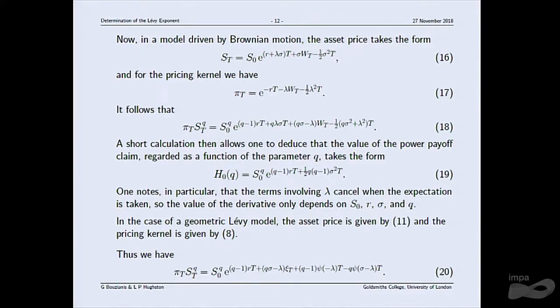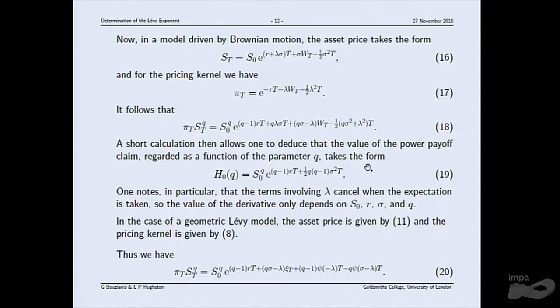So if you take the usual expression for the asset price in geometric Brownian motion at time big T, multiply times the pricing kernel, raise the asset to the power q, and then take the expectation, then you're left with an explicit formula for the value of the derivative at time 0 as a function of q.